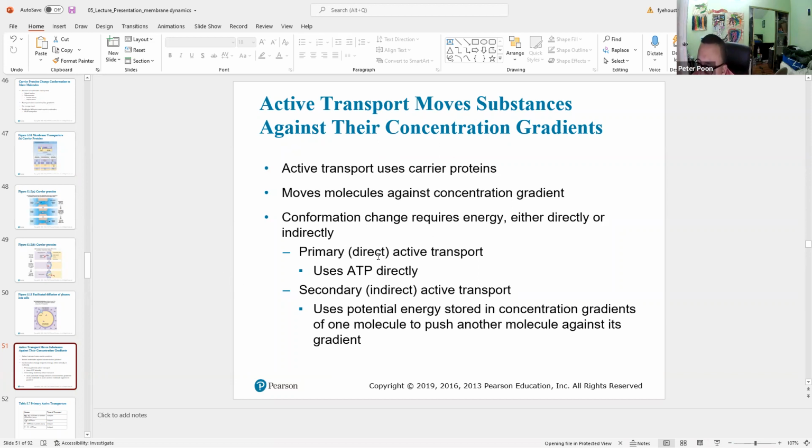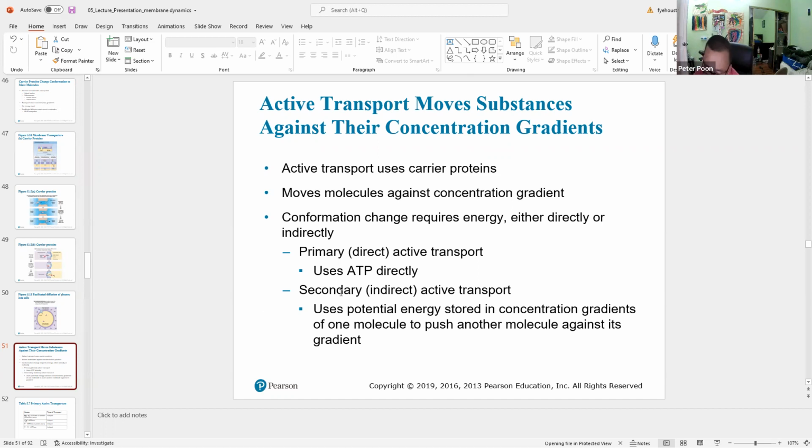Primary direct active transport uses ATP directly. Secondary indirect active transport uses ATP to establish an electrochemical gradient. Moving that gradient now allows you to move other things in.